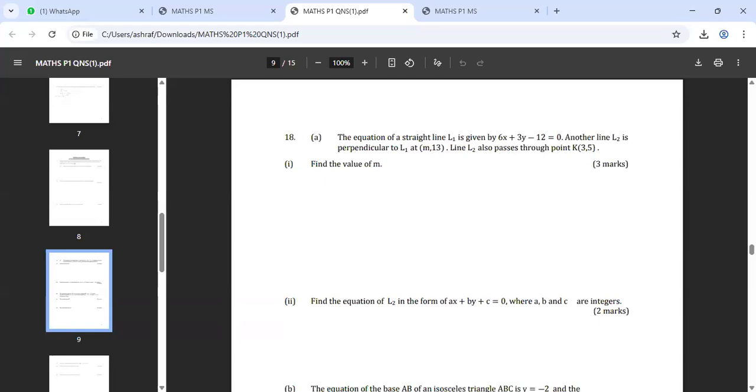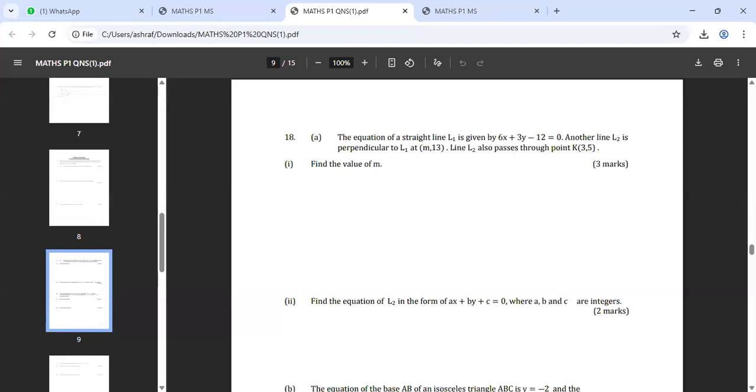Then you will get its gradient. After that, you will use the formula m1 times m2 equals -1 because L2 is perpendicular to L1. Then using the new gradient, you will say y minus 13 over x minus m equals that gradient, then you find m.